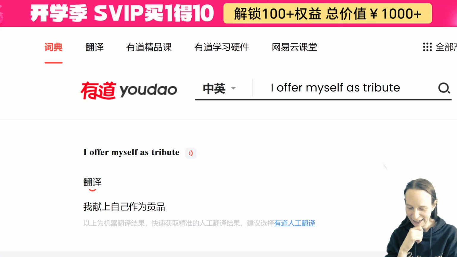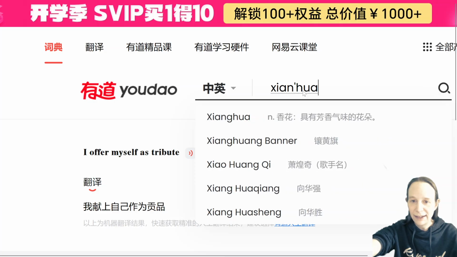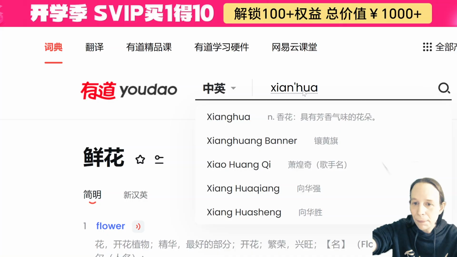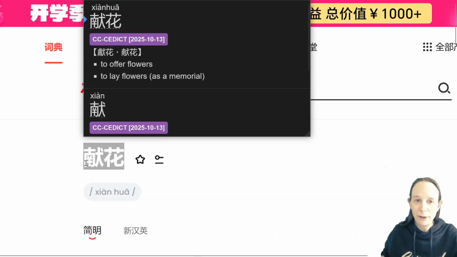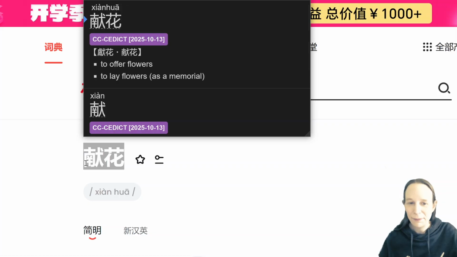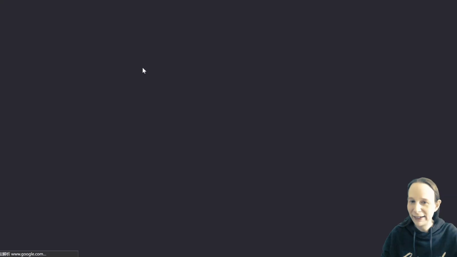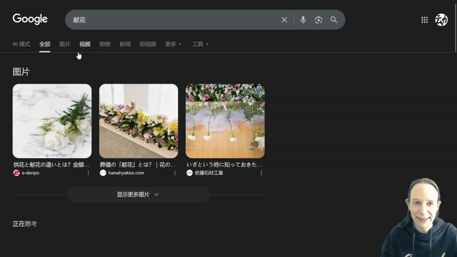Second definition is, oh, actually, there's another one. 献花. So this is still the first definition. 献花. All right, so this is just give flowers. Boom. All right, so if we put this into Google image search, I would expect to see a grave or something like this.